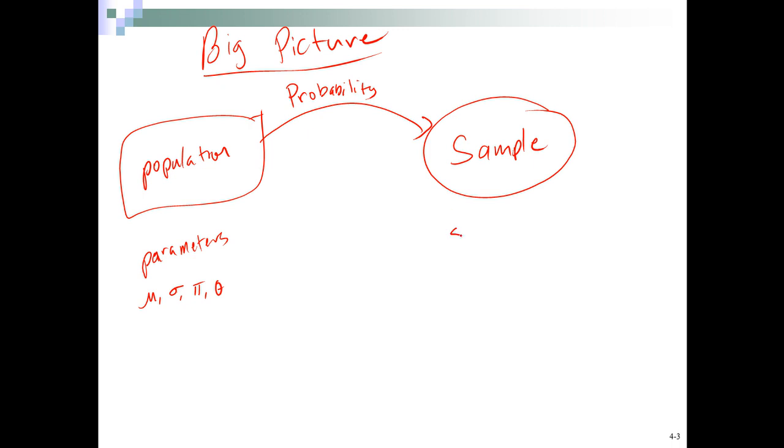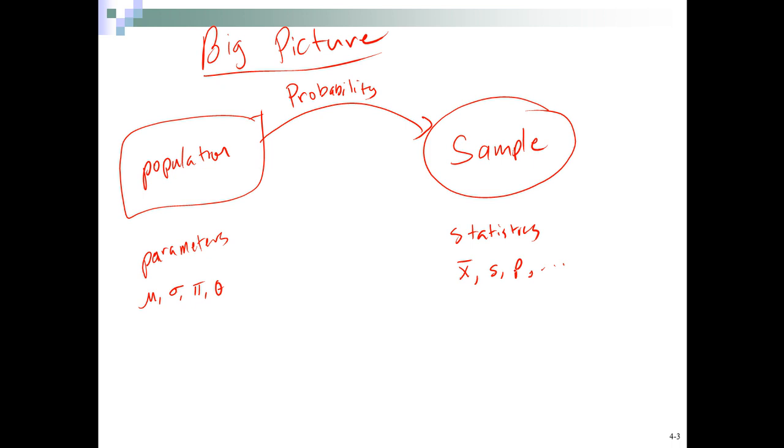And so we've got statistics, which are the characteristics of the sample. Those are things like x bar, s, p, and so forth. So we want to use these things to make statements about the parameters.